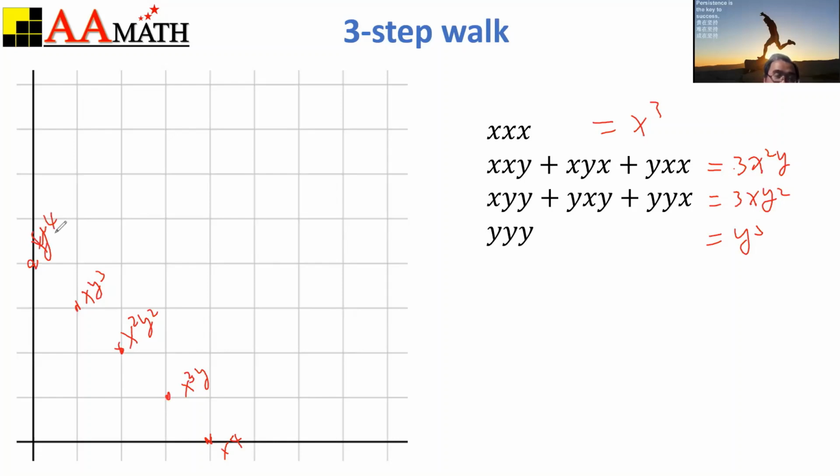So tell me what I should put here. This is going to be 4 choose 0. I don't want any y's. What should I put here? Out of 4 positions I want to find 1 position to put y. So 4 choose 2 positions to be y. So 4 choose 3 to be y. So 4 choose 4, all 4 to be y.